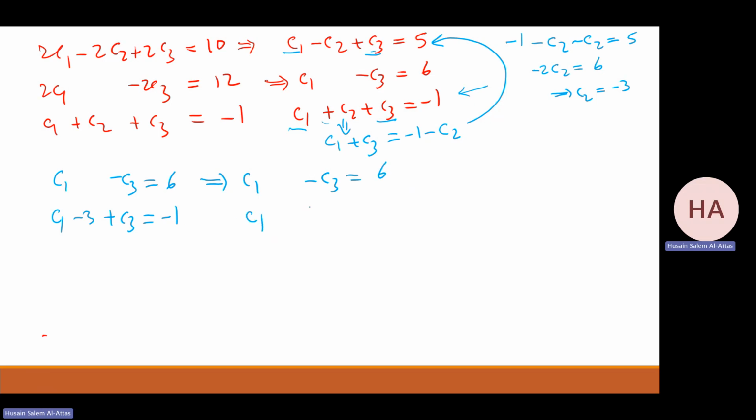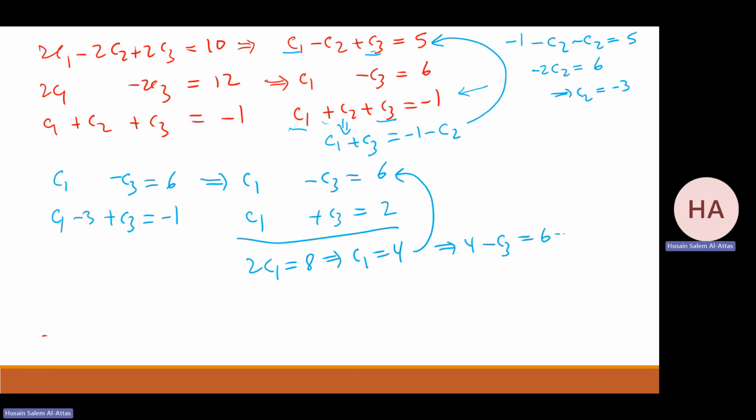Try to do it the way you like. You can do it by Gauss elimination, by the way. Add these two: I have 2C1 equals 8, so C1 equals 4. Plug it here, so I have 4 minus C3 equals 6. So C3 equals -2.